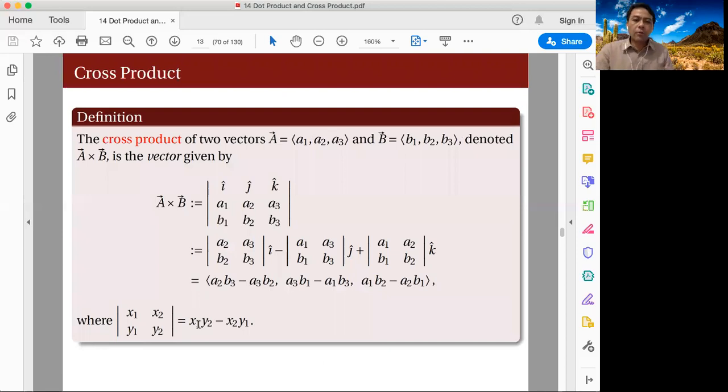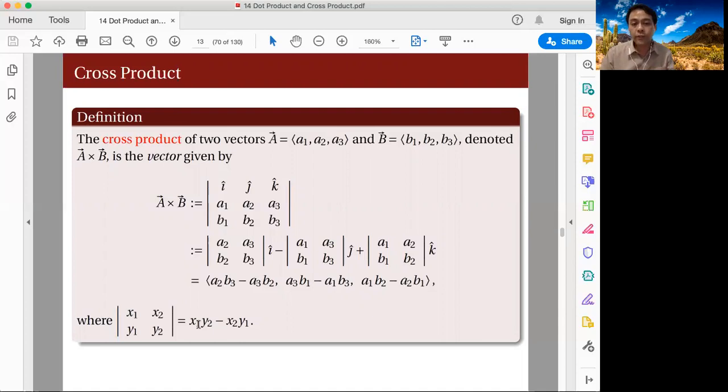Okay, so now I hope the dot product is clear to you, as well as its applications in the cosine of the angle between two non-zero vectors. Let us go to another operation, which is called the cross product. By definition, the cross product of two vectors A and B, we denote by A cross B, or you may say A times B, but this is not multiplication of numbers.